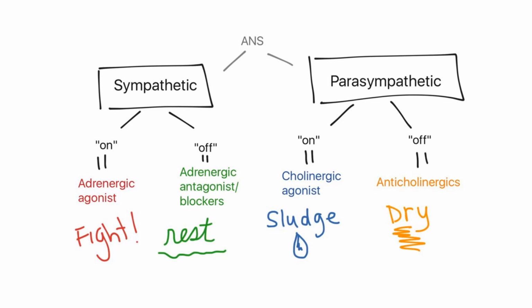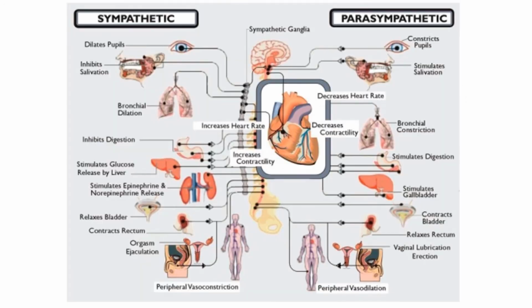Okay, so just play around with these a bit. I really think you'll get it over time. Okay, this is the last slide. I couldn't help myself, and I added this one. I think it just really brings all the effects of both the sympathetic and the parasympathetic together. And I think if you're able to understand each of these effects of what it does, then I think you have it.